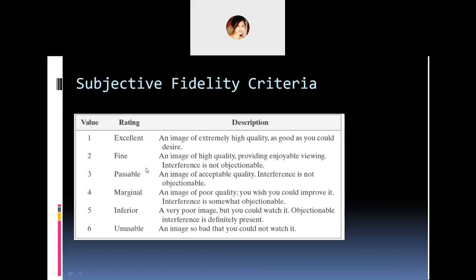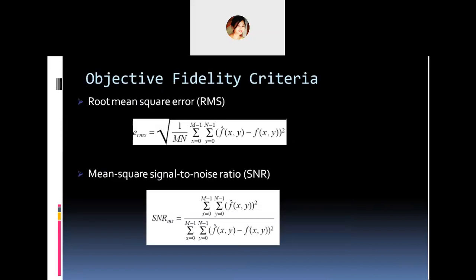Suppose values 1 to 6 are given, from ascending to descending order. Fidelity criteria is used to describe the image quality. So this is the value, this is the rating, and this is the description.